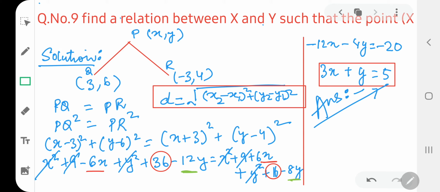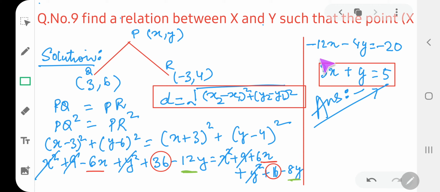And when you take this minus 12y and this minus 8y to this side, it will become positive. This minus 8y becomes positive when you bring it to this side, and therefore minus 12y and plus 8y will give you minus 4y. And this side we have plus 16, and when we bring this 36 to this side, it will become minus 36, and 16 minus 36 will give you minus 20.